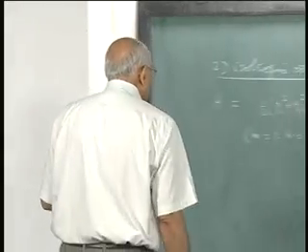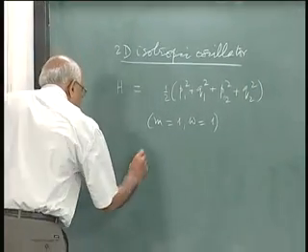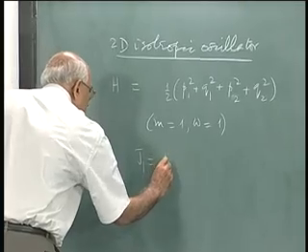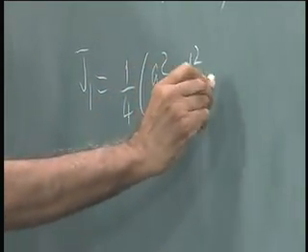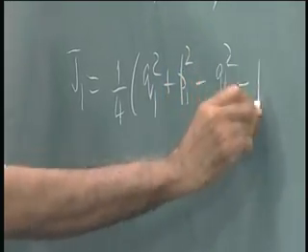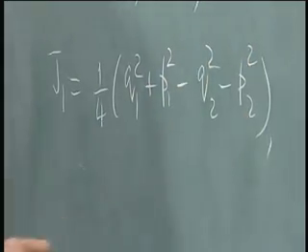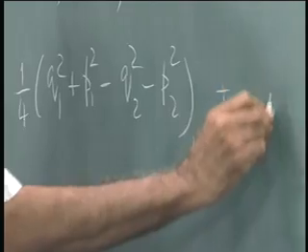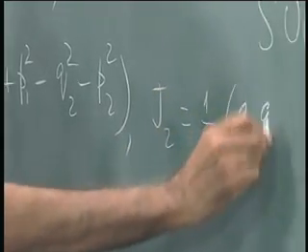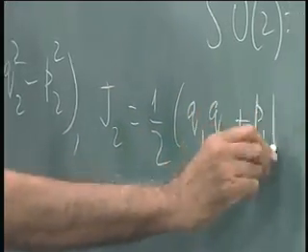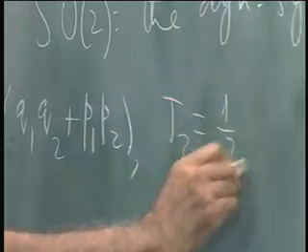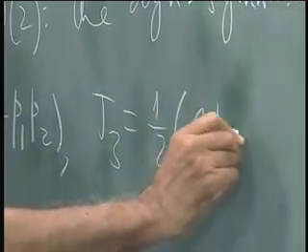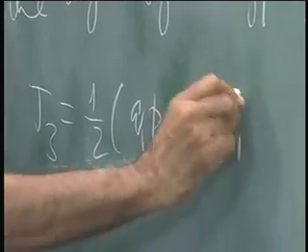It turns out that the constants of the motion I wrote down earlier, namely J1 is 1/4 (q1 squared plus p1 squared minus q2 squared minus p2 squared), J2 equal to 1/2 (q1 q2 plus p1 p2), and J3 is 1/2 (q1 p2 minus q2 p1).